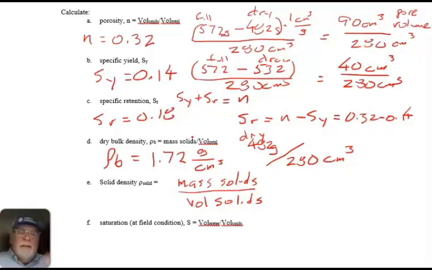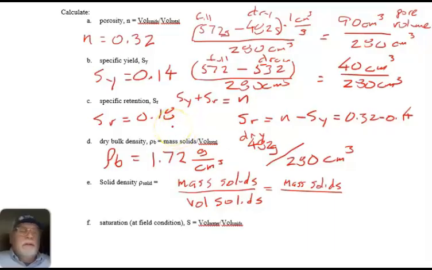Well, the solids, all right, so let me think. The mass of the solids, I'm going to rewrite this. The volume of the solids is going to be the volume total minus the volume of the voids, right? So we had 32% was voids.